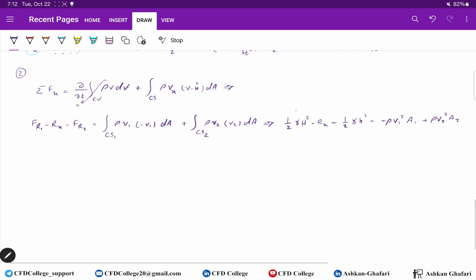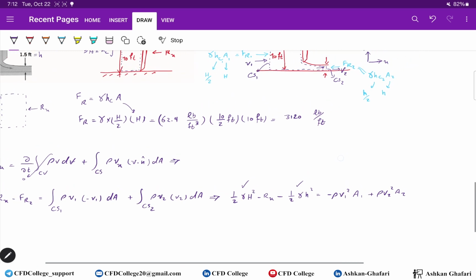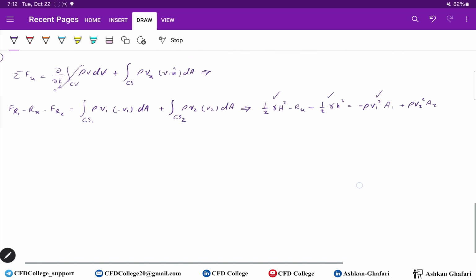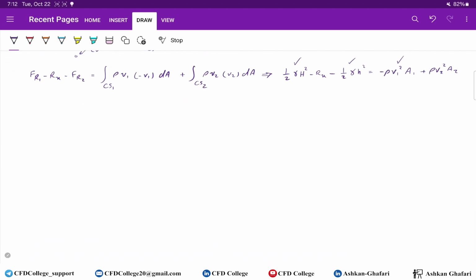So we can find this and this one, but we should find V2 first. As you know, we have mass conservation, so m dot 1 equals m dot 2, or since density is constant, Q1 equals Q2. So from this we can find that V1 A1, from one of these, not both of them.